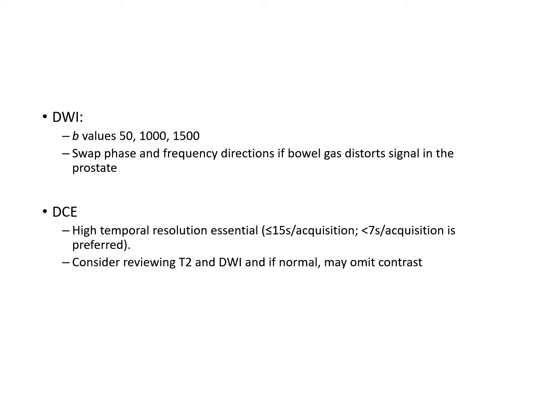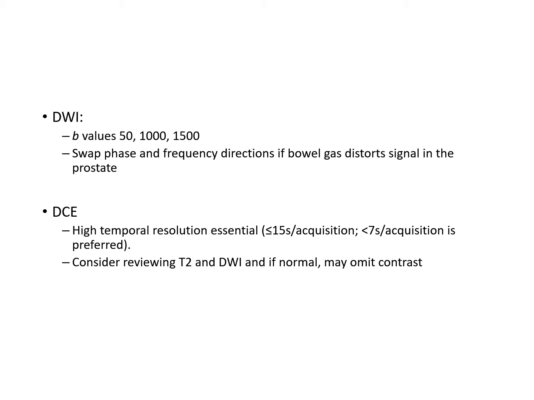This is a trick which I like to use: you may swap the phase and frequency directions, because sometimes bowel gas can distort the image, which is problematic. If you switch the phase and frequency directions, that can flip it around a bit and improve the image. And then for the dynamic contrast enhancement, as I said, you need these high temporal resolution acquisitions, so multiple acquisitions again and again with a short time period.